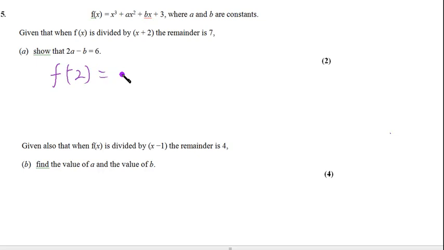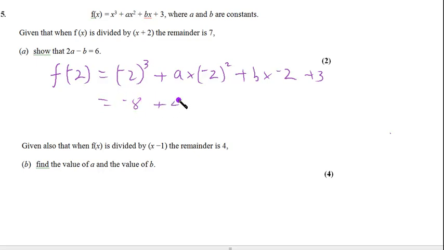And that is equal to minus 2 cubed plus a times minus 2 squared plus b times minus 2 plus 3, and that is equal to minus 8 plus 4a plus minus 2b plus 3, and we know f of minus 2 is 7.